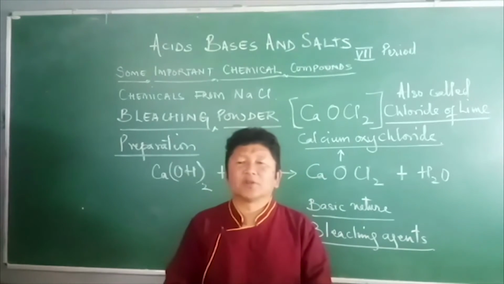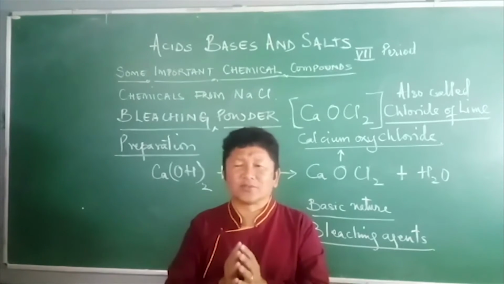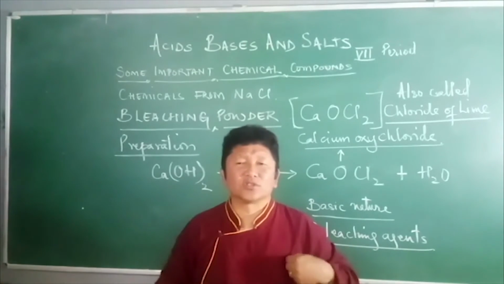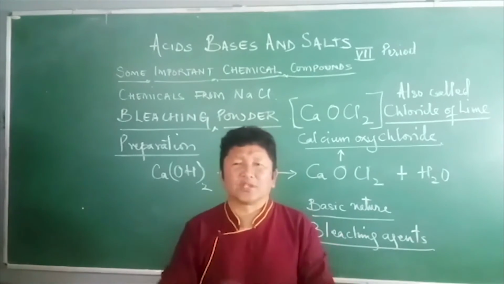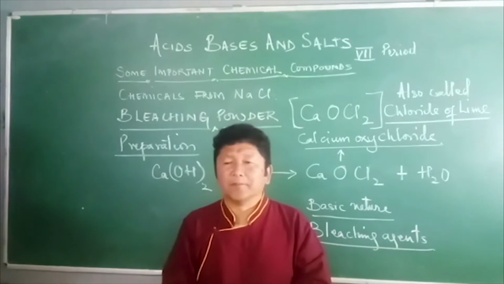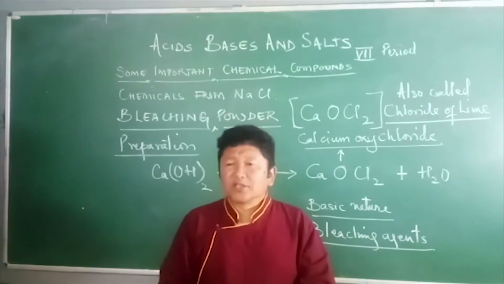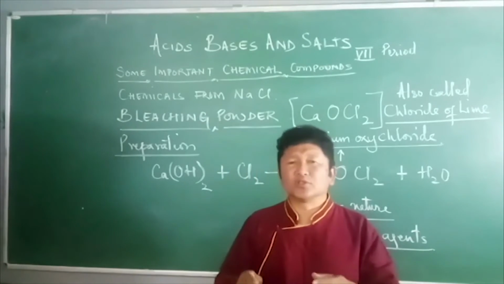Bleaching powder is also used for bleaching of cotton in textile industries, and for bleaching of wood pulp in paper industries, since paper is produced from wood pulp.